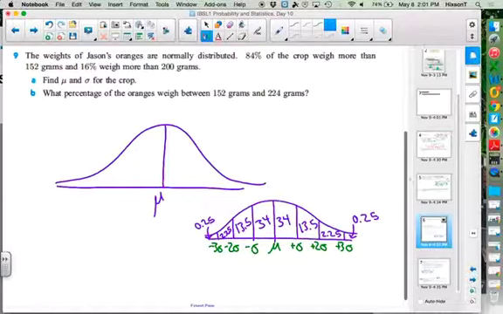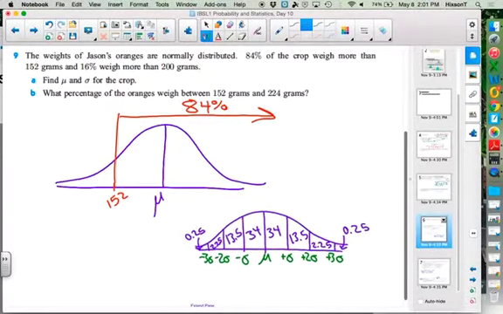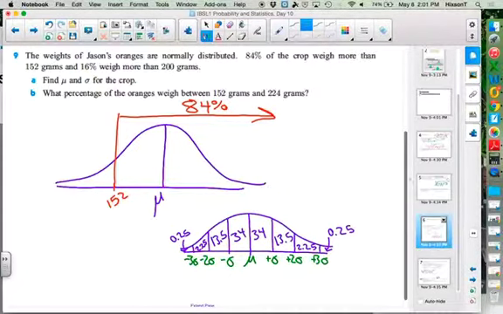However, we have somehow figured out that 84% of the crop weighs more than 152 grams. So 152 is somewhere down here. Since that's more than 50%, I know it's to the left of my mean. From here over is 84%. Now, looking at this diagram down here, where is 84%?